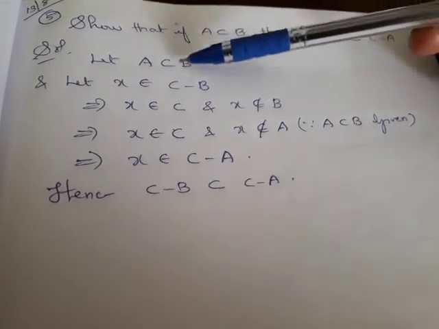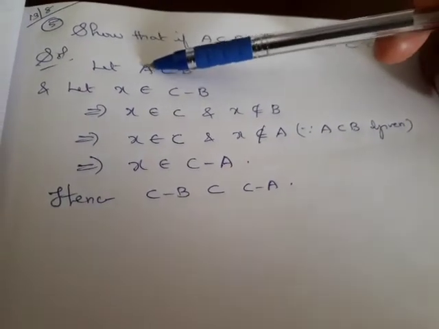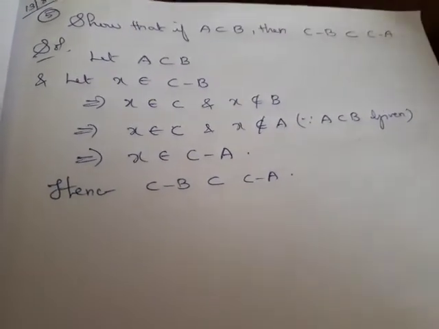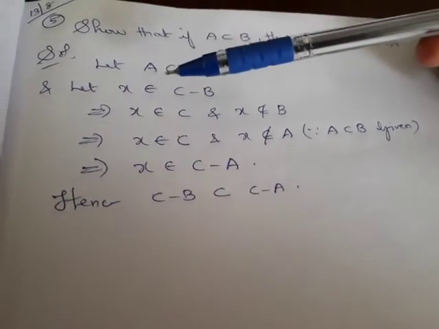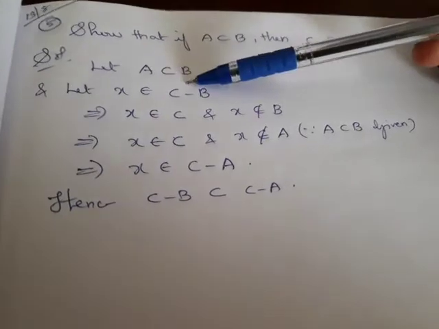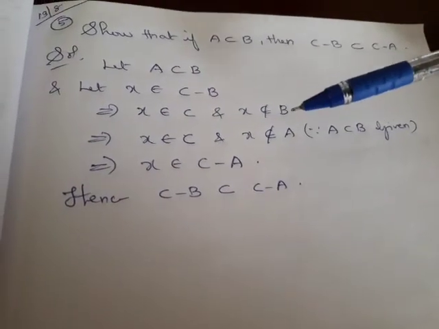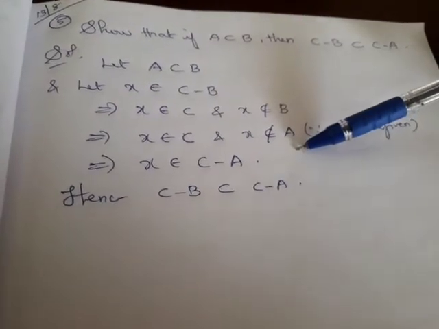But A is a subset of B, right? Which means all the elements of A are in B. Listen to my words properly. All the elements of A are in B. If an element is not in B itself, then how will it be there in A, right?